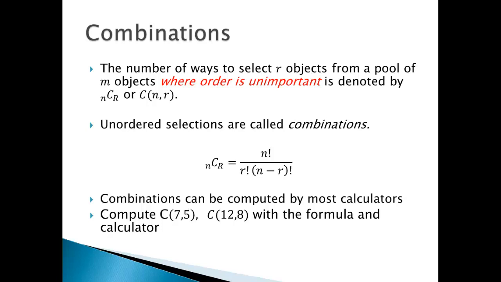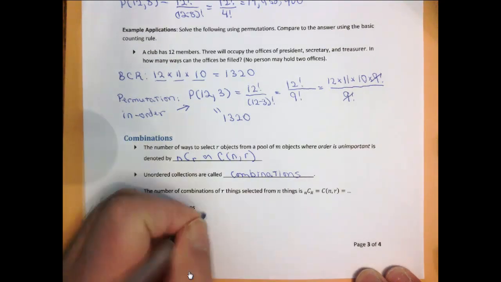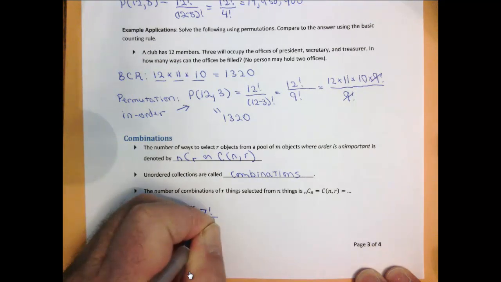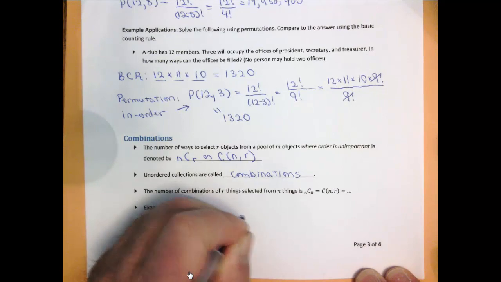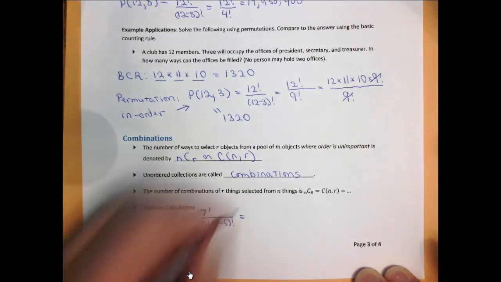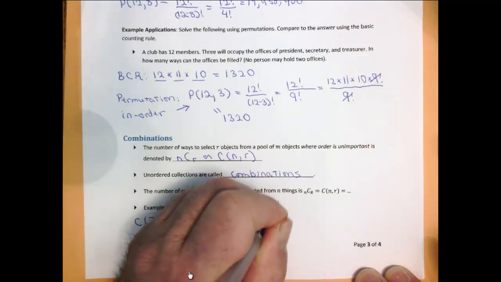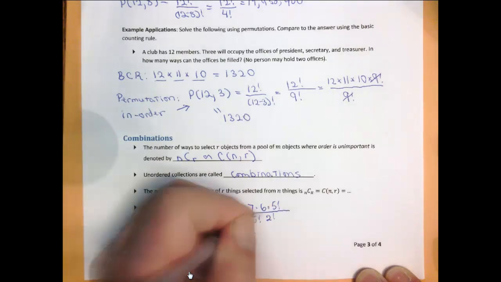We'd like to compute C(7,5) and C(12,8). Let's look at C(7,5). To use the formula, we would do this. It's 7 factorial over 5 factorial times 7 minus 5 factorial. That is 7 factorial, which is 7 times 6 times 5 factorial. 5 factorial is in the denominator, as is 2 factorial.